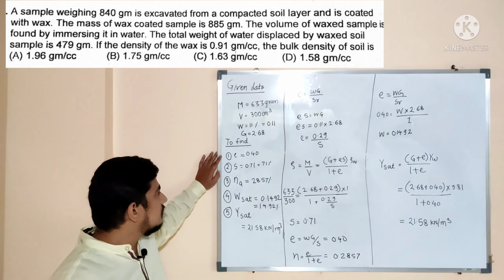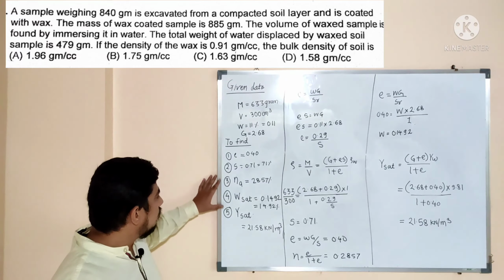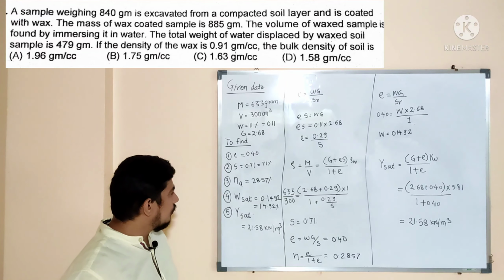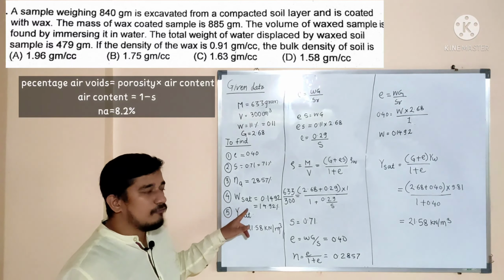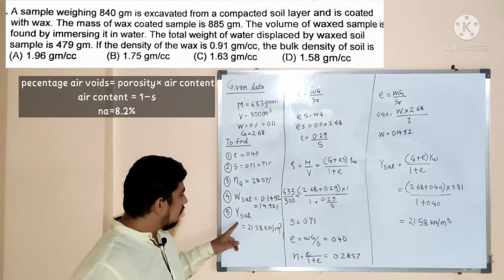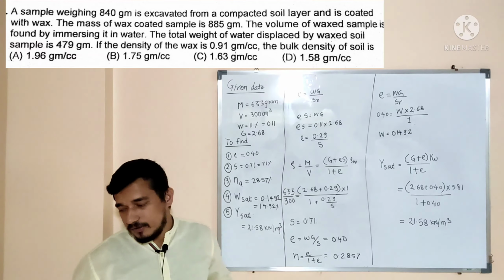So we have found all these five terms: void ratio, degree of saturation, percentage air voids, water content at full saturation, and unit weight of the soil in a saturated condition.